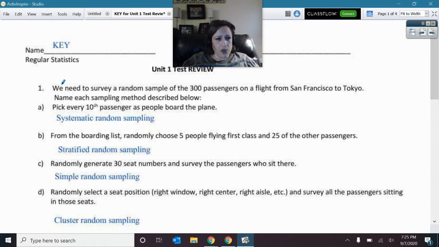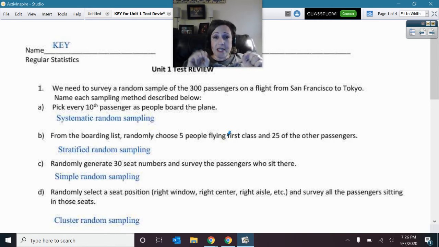We're going to just state what sampling method was used here. So every 10th passenger, that's systematic because you randomly select the first one and then every 10th one after that. Second, you randomly choose 5 from first class and then 25 from the other passengers.